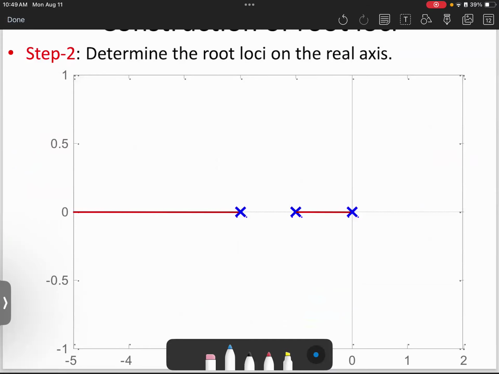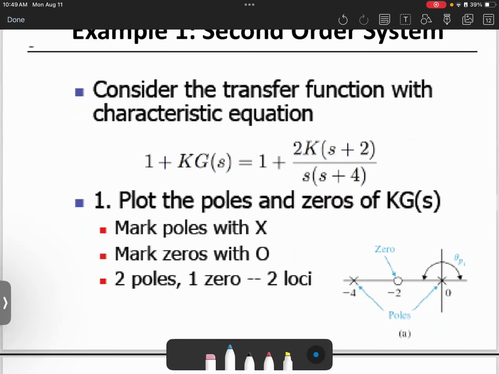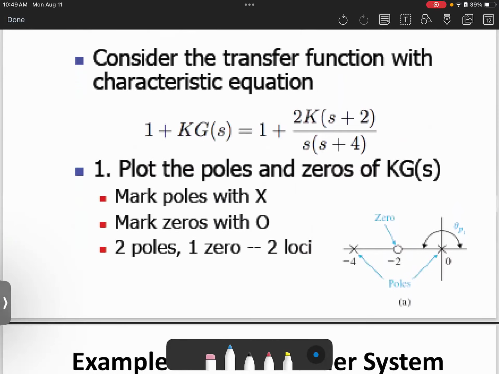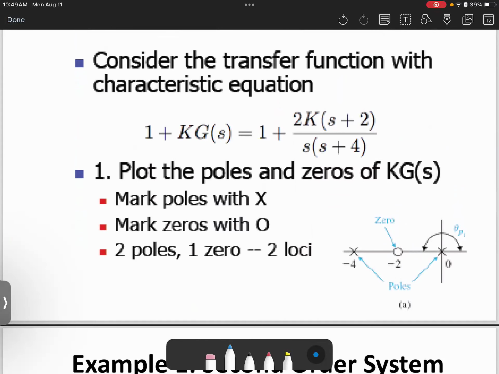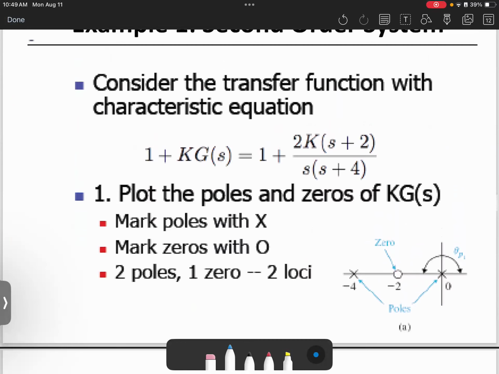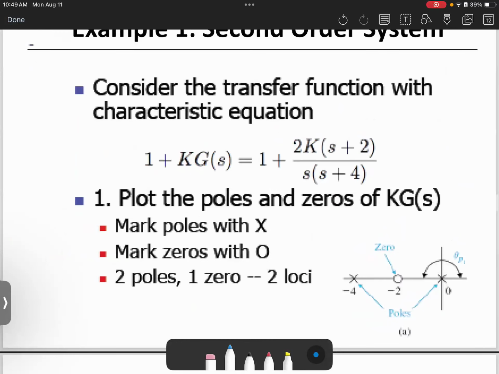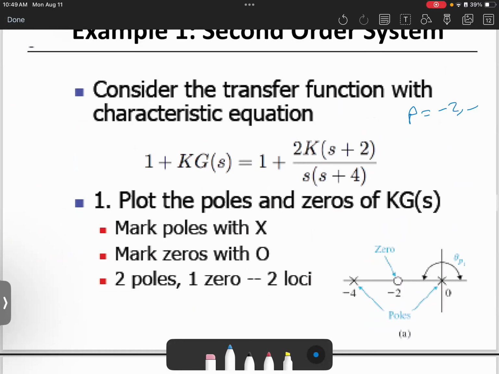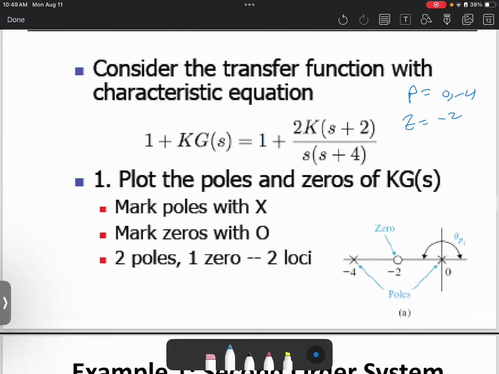Okay, so again, determine the locus region on the real axis by counting how many poles and zeros there are, and whether the count is odd. In the pole-zero mapping, mark the poles X and the zeros O. Assume in this example the poles are at s equals 0 and s equals -4, while the zero is at -2.